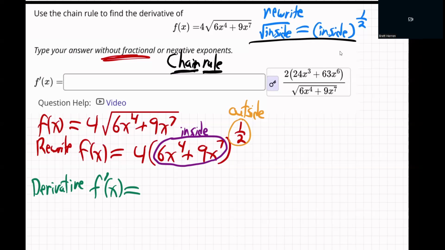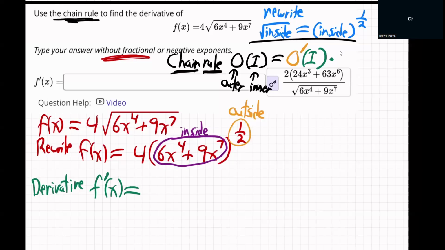When you have an outer and an inner, the O stands for outer and the I is the inner. You take the derivative of the outside function, then you keep the inside the same, then times the derivative of the inside function. That's the chain rule. It's like a link. The original derivative links to the next one, like links in a chain.